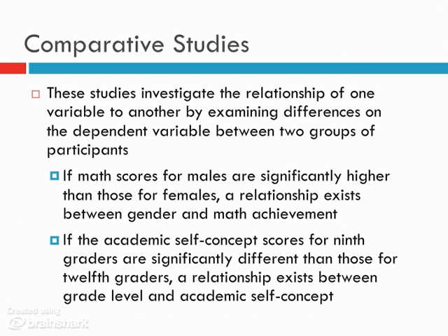So there is some sort of statistical measure that's making these comparisons. You could look at whether third grade achievement scores for females are not significantly different than those for males, so you would say that no relationship exists between gender and achievement. So the researcher is investigating relationships between variables.